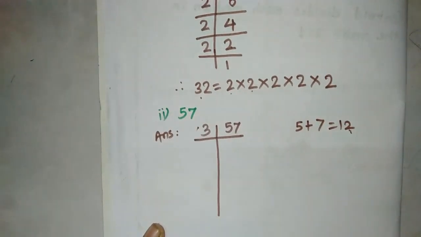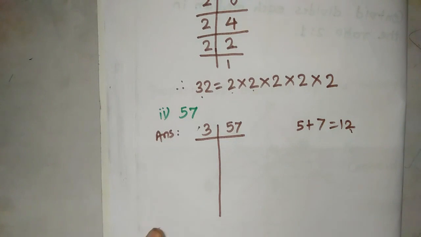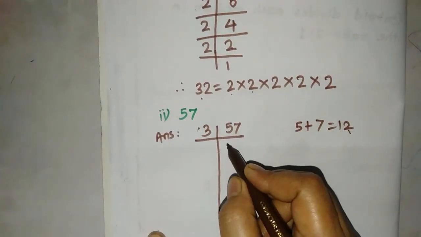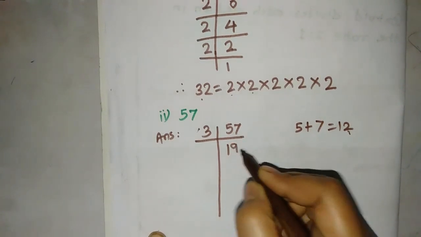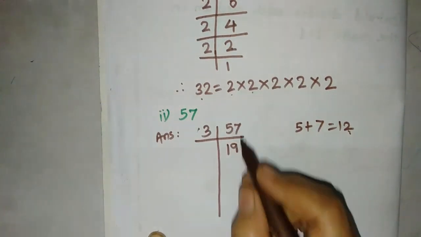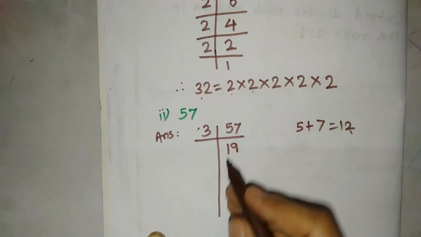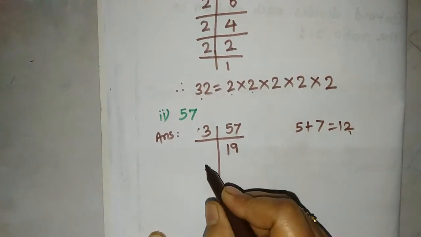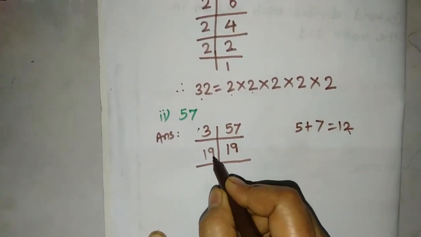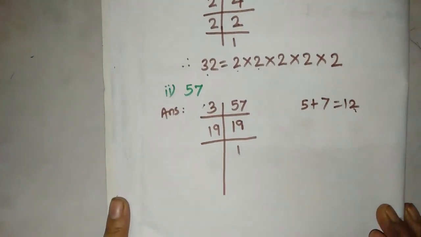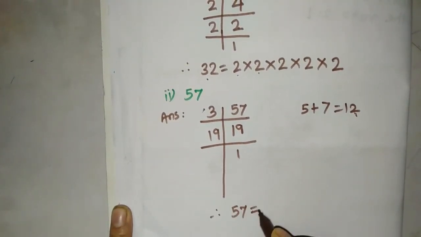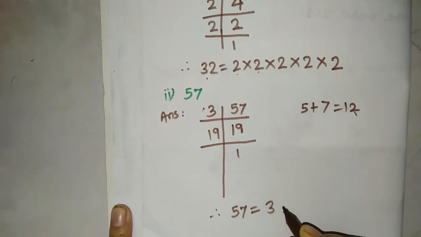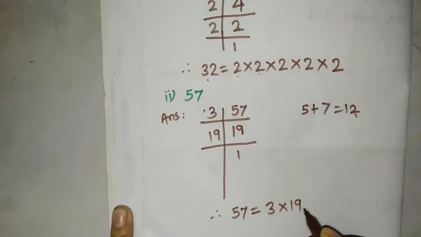So start from the 3. 3 1s are 3, 3 9s are 27, means 19 3s are 57, and 19 is a prime number, we know that, so divide by 19 itself. So write down the multiplication form. Therefore 57 is equal to 3 multiplied by 19.